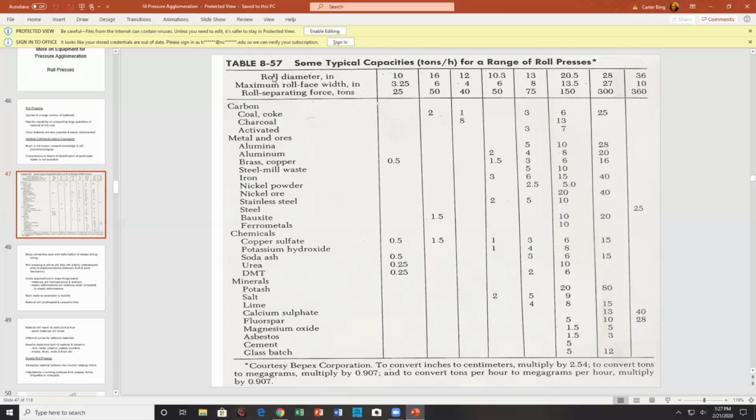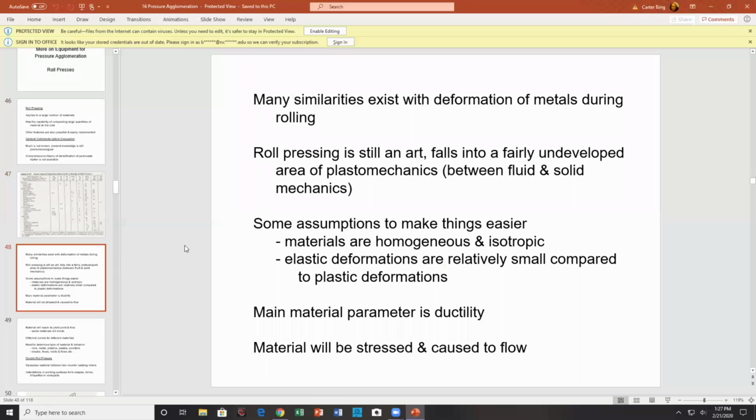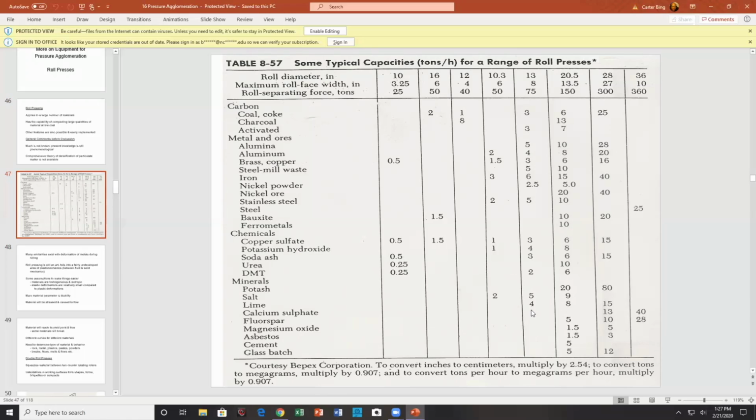The important design variables are here: diameter, roll face width, and roll pressure, or roll force, sorry. And these are material properties. There's a lot of information here, a lot of performance data, right?